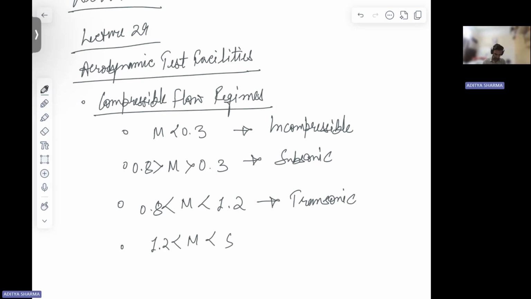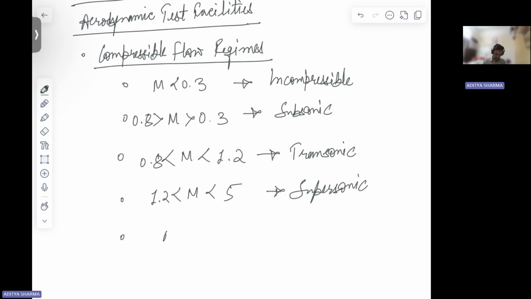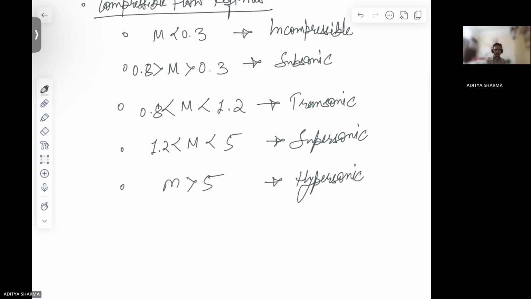Then Mach 1.2 to 5 we consider as supersonic. And if your Mach is greater than 5, we call it hypersonic. So these are the flow regimes. Then in the last lecture, we have seen hypervelocity flows also.